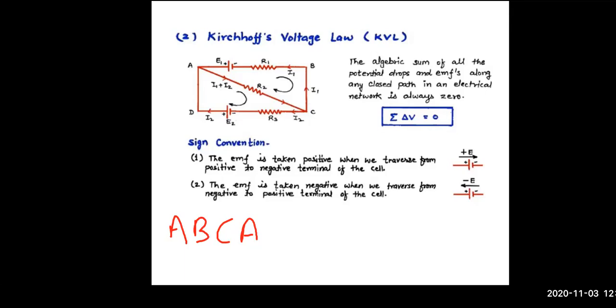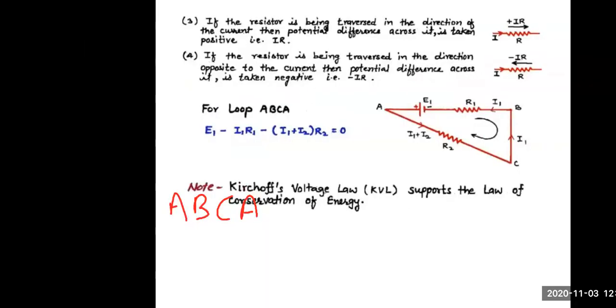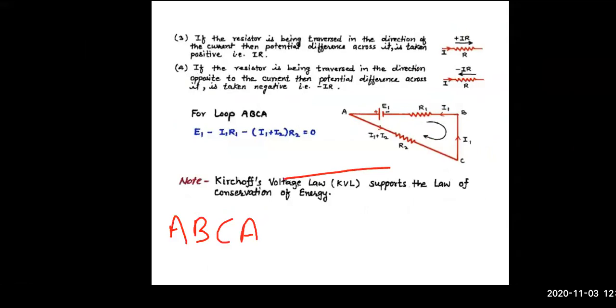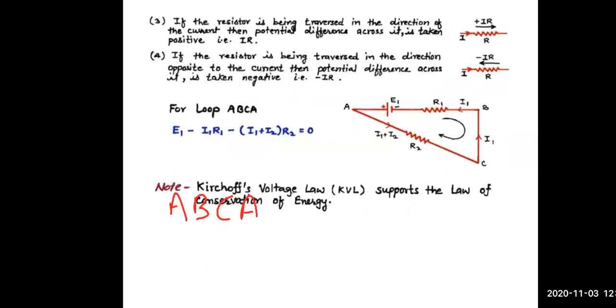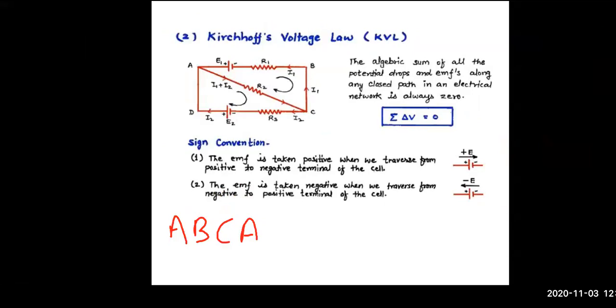Try to start from the positive of the cell, because the current direction is from the positive of the cell towards the negative. So let's start from A, and move from A to B. So when we are moving, children, from A to B, look carefully, you imagine yourself moving, right? When you move from A to B over here, you are crossing the cell.